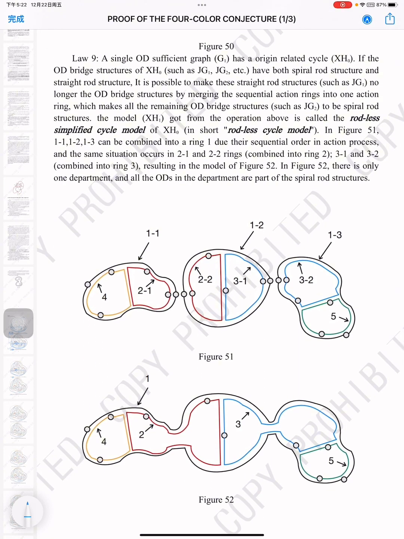Law 9. A single OD sufficient graph G1 has an origin-related cycle XH0. If the OD bridge structures of XH0, such as JG1, JG2, etc., have both spiral rod structure and straight rod structure, it is possible to make these straight rod structures, such as JG1, no longer than the OD bridge structures by merging the sequential action rings into one action ring, which makes all the remaining OD bridge structures, such as JG2, to be spiral rod structure.